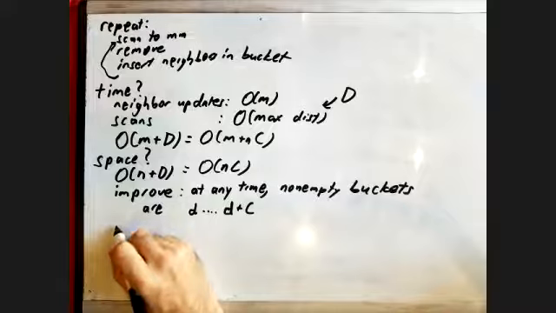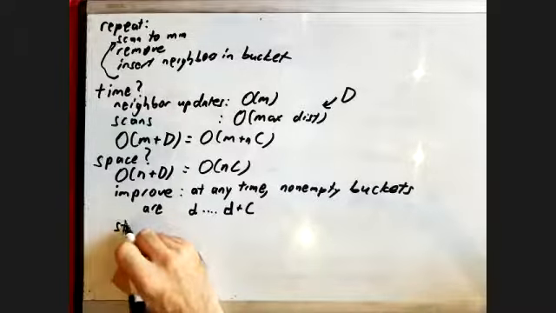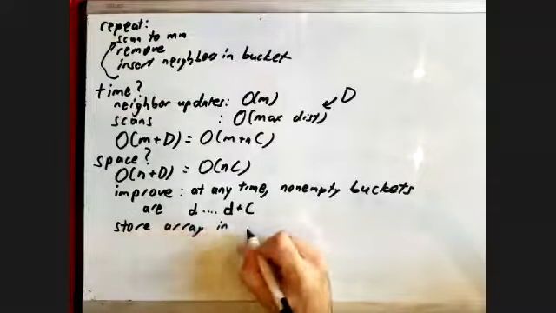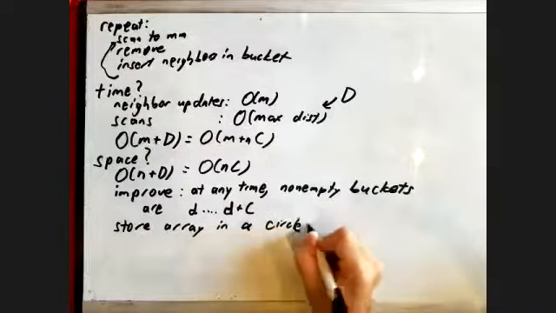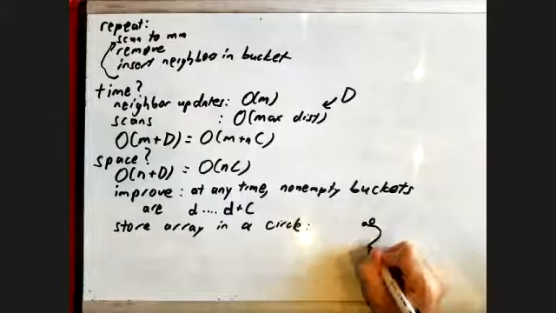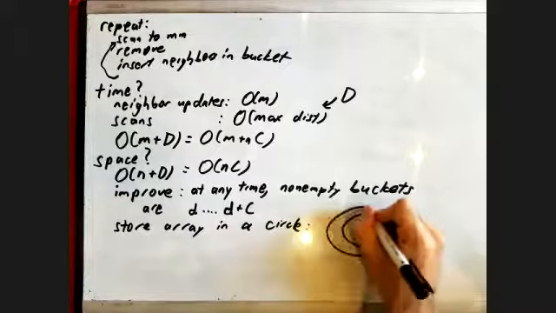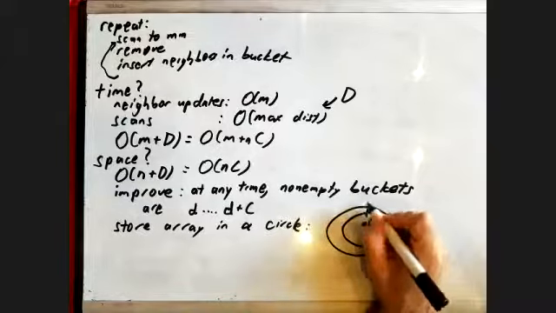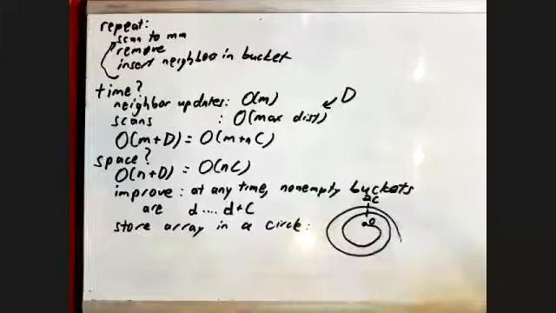So how can I take advantage of that for space? I can store my array in a circle, right? So if I start with 0 over here, and then I just loop the array around, I use the same location in the array to hold distance C, distance 2C, distance 3C, and so forth.